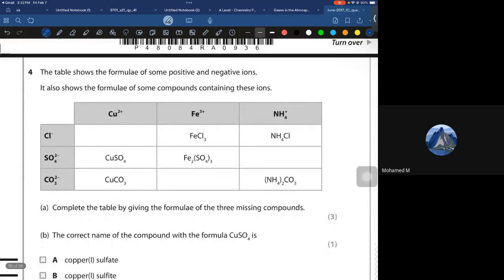The table shows the formulae of some positive and negative ions. It also shows the formulae of some compounds containing these ions. Complete the table by giving the formulae of the three missing compounds. So what would be the first? It would be CuCl2.